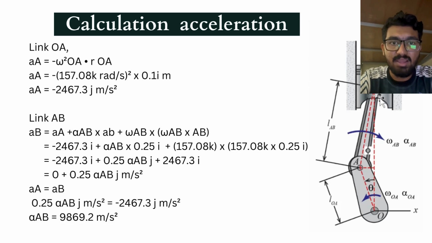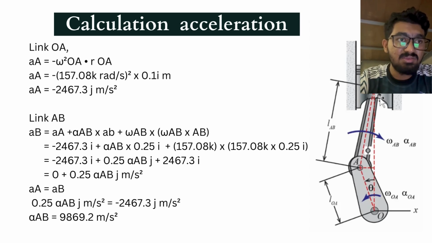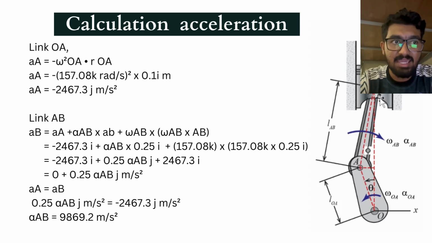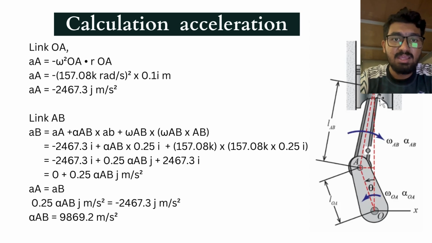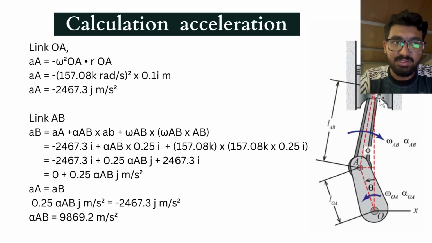As we substitute all the values into the formula, we get negative 2467.3i plus angular acceleration AB times 0.25i plus 157.08k times 157.08k times 0.25i, and we will get negative 2467.3i plus 0.25 angular acceleration AB j plus 2467.3i, which gives 0 plus 0.25 angular acceleration AB j meters per second squared.